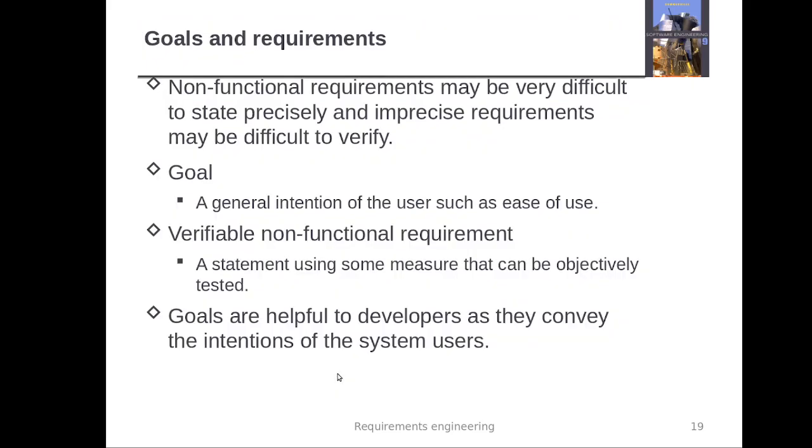Okay, so see the goals and requirements. Here also we are talking about non-functional requirements only. Non-functional requirements may be very difficult to state precisely, and imprecise requirements may be very difficult to verify later. Imprecise requirements means you want it to be fast.